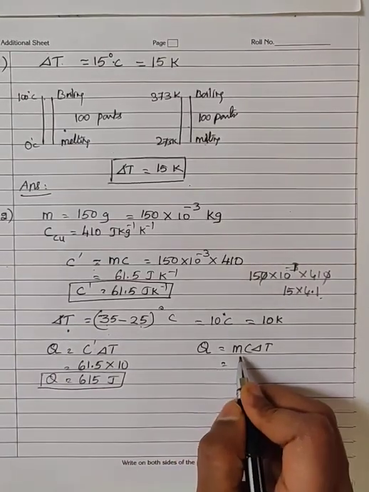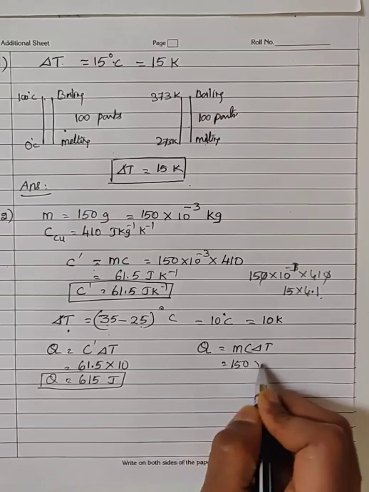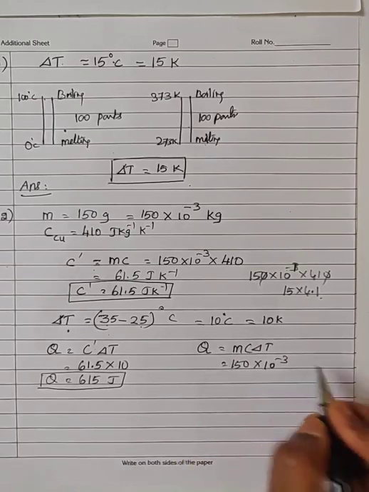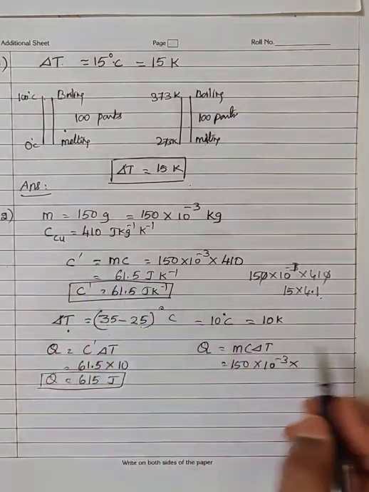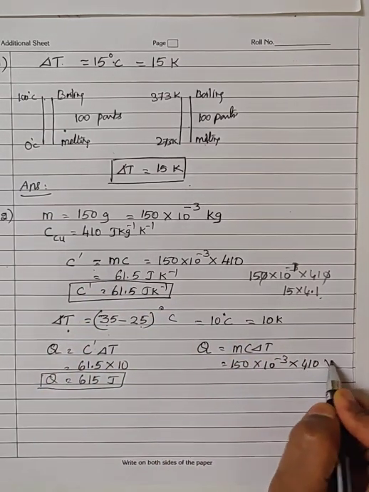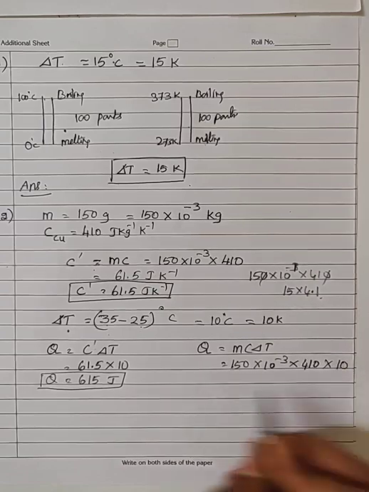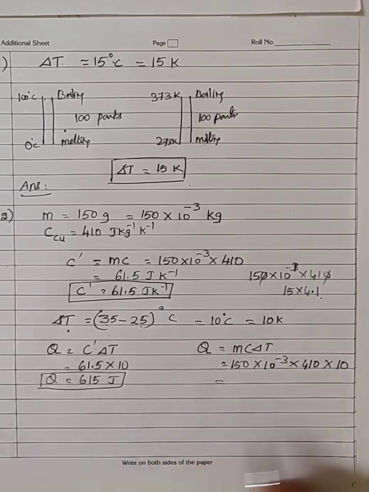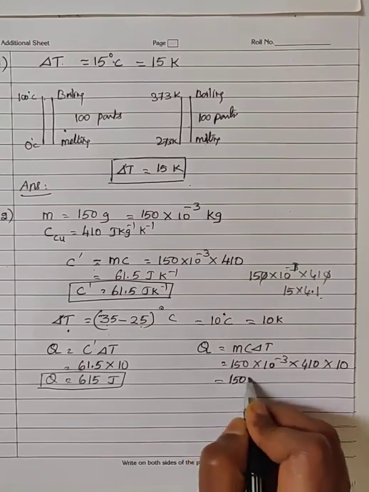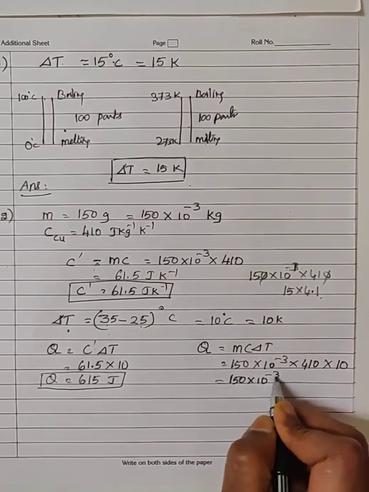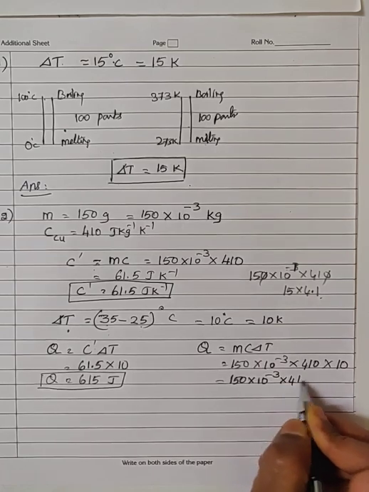Here M is equal to 150 into 10 power minus 3, specific heat capacity is given as C is 410, multiplied by delta T is equal to 10. For simplification, write it in the next line and then do the simplification. Whenever you do the substitution from the expression, don't simplify in the same line.